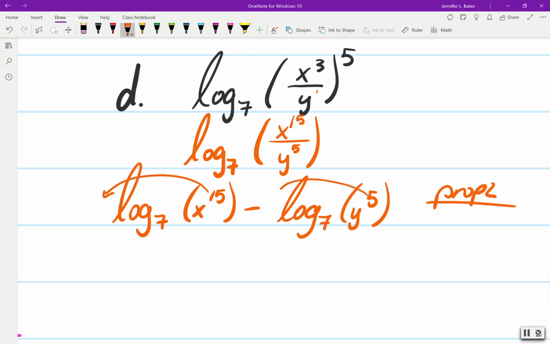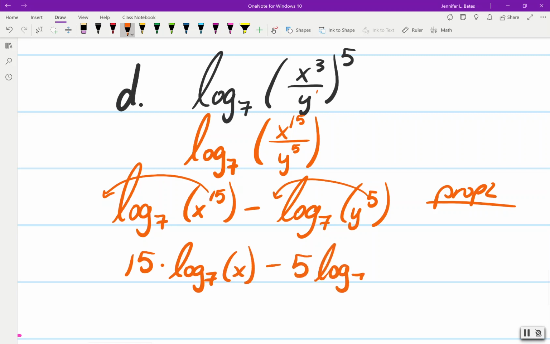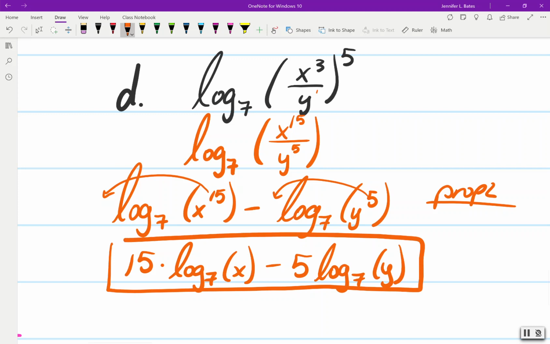So we're going to take our exponents and bring them down as coefficients. And now we are fully expanded.